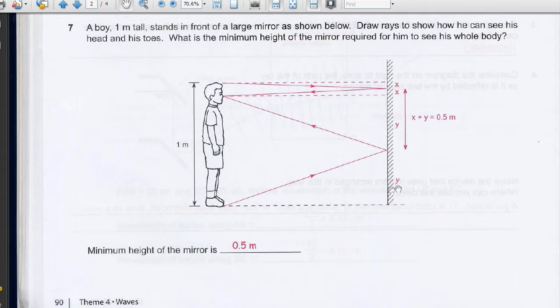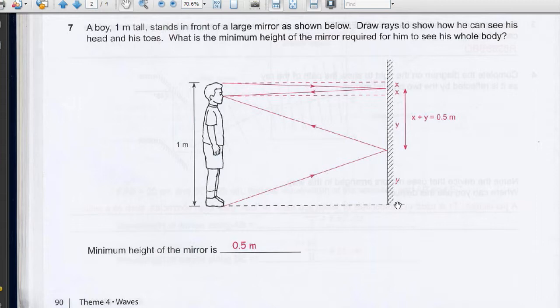Why is this so? Because the incident ray and the reflected ray both travel the same distance. This is true for the ray from the head to the eyes, but we label this as x and x.